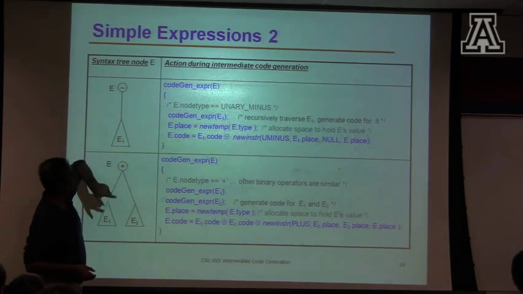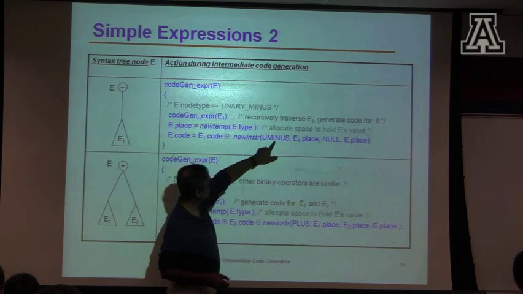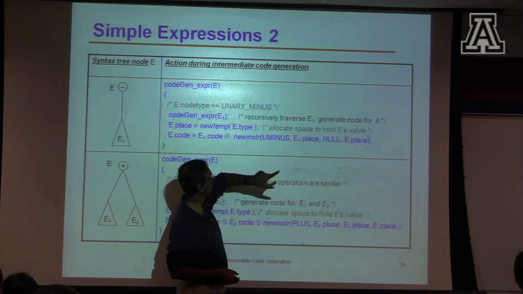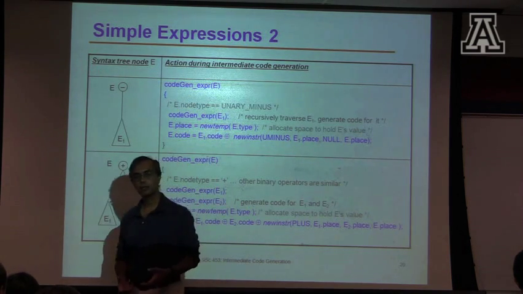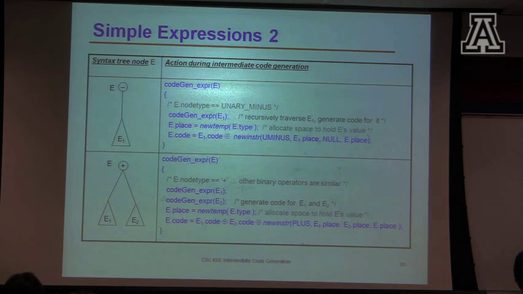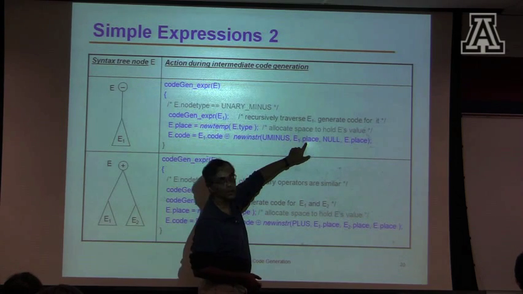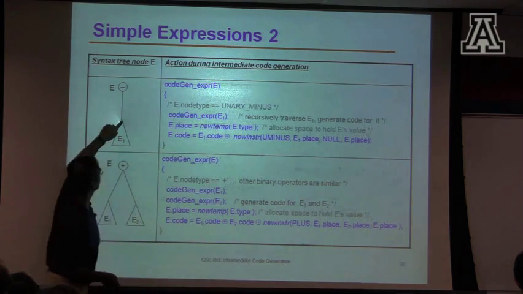To take the unary minus, I create a new 3 address instruction whose operation is U minus. And what location does that U minus operation operate on? I apply this operation to that location, E1.place. What's E1.place? It's the location where this guy's value lives.